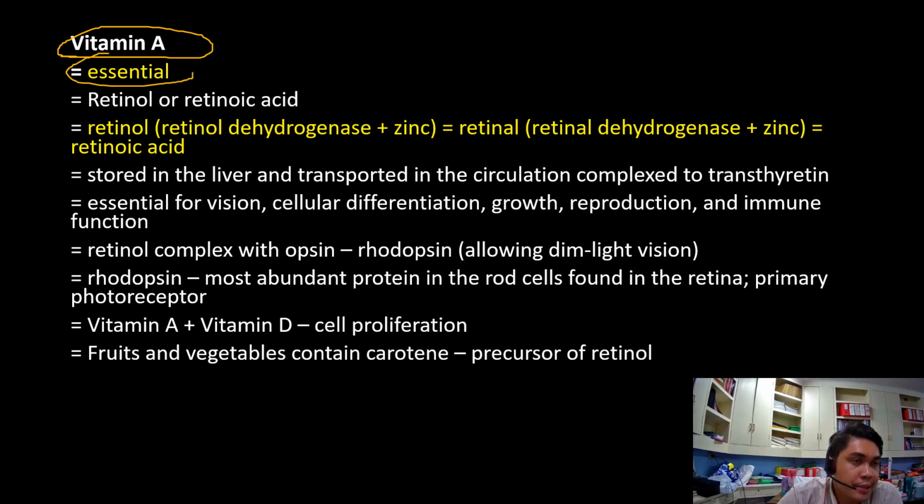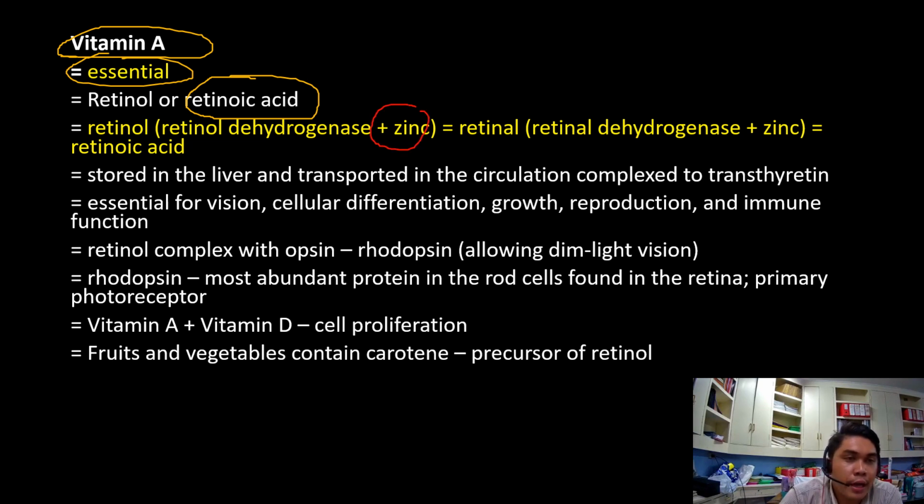Vitamin A is an essential vitamin because your body cannot synthesize it, so you should get it from your diet. Examples are retinol and retinoic acid, and retinoic acid is the active form. To form retinoic acid, you need zinc as cofactor.